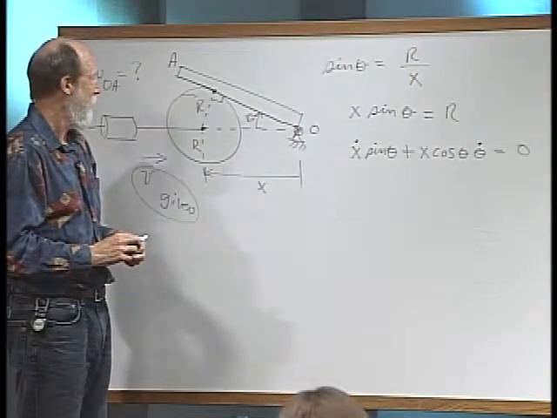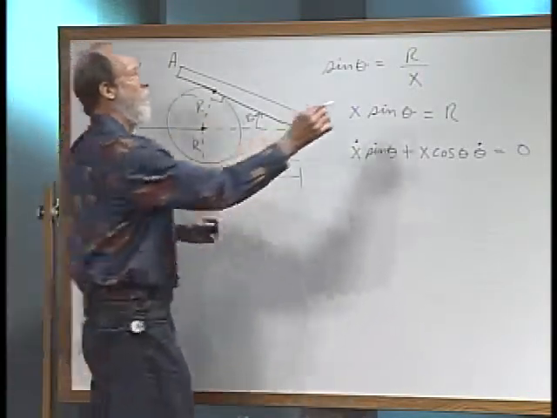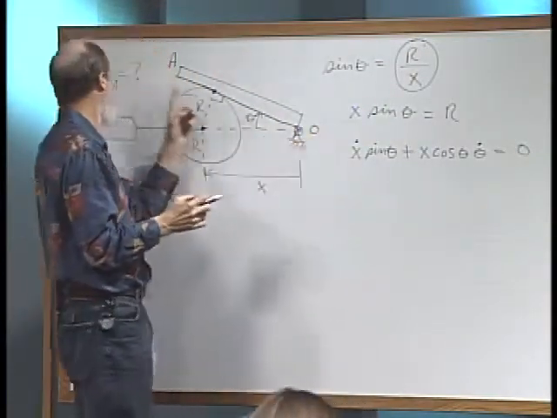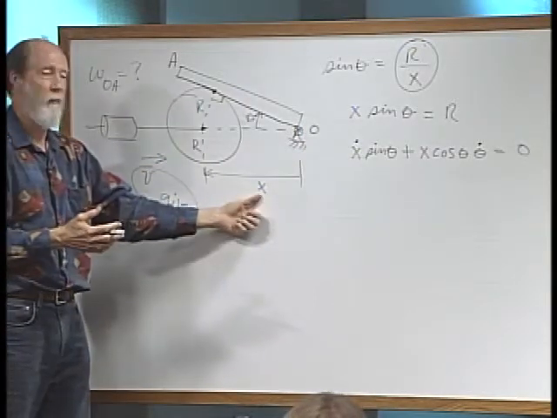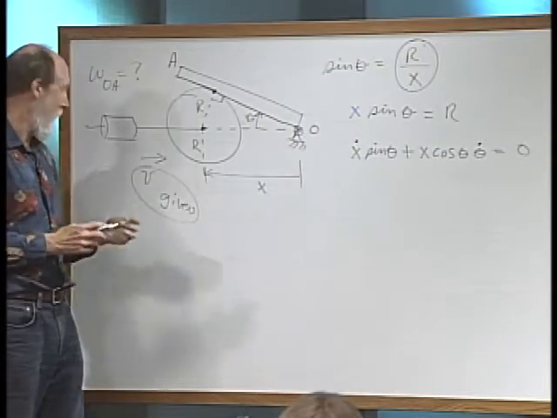And here's something that might be useful. Remember, we're trying to come up with omega described in terms of the physical position x and the given r and the speed v.